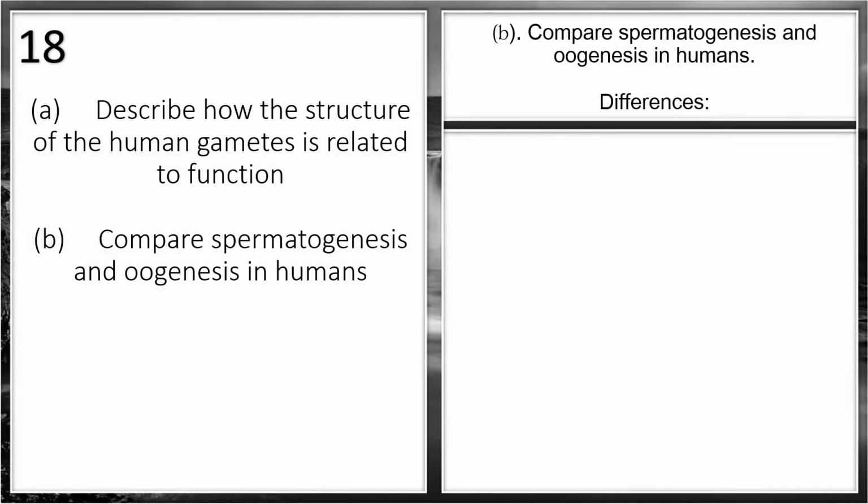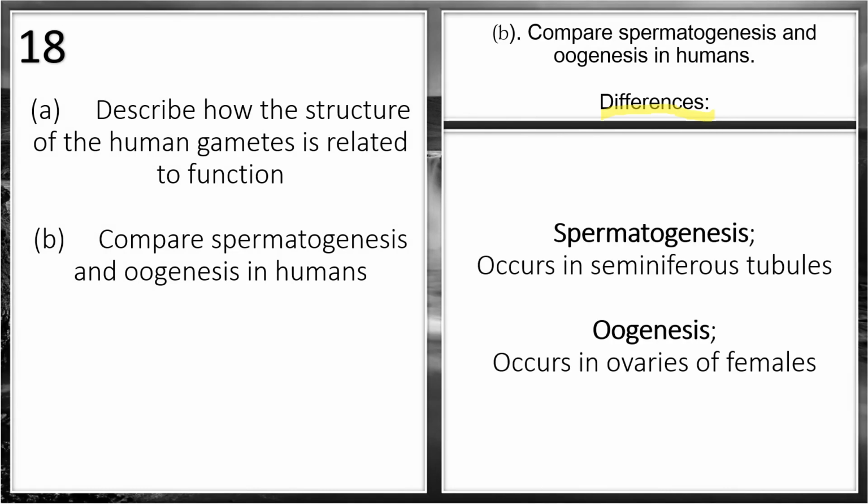We look now at the differences. Spermatogenesis occurs in the seminiferous tubules, whereas oogenesis occurs in the ovaries of the female.